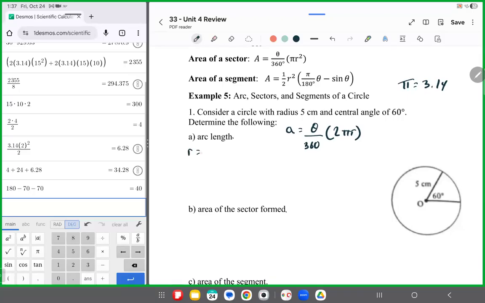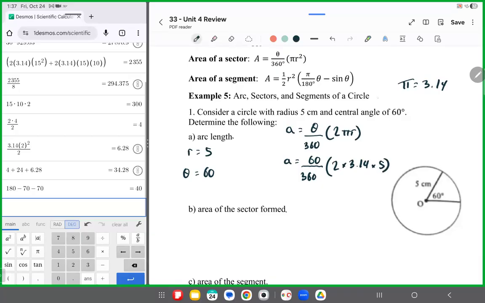The radius will be equal to 5, and theta, the angle of the central angle, will be 60. So this arc length will be equal to 60 divided by 360 degrees multiplied by, in brackets, 2 times 3.14 times the radius, which will be 5.